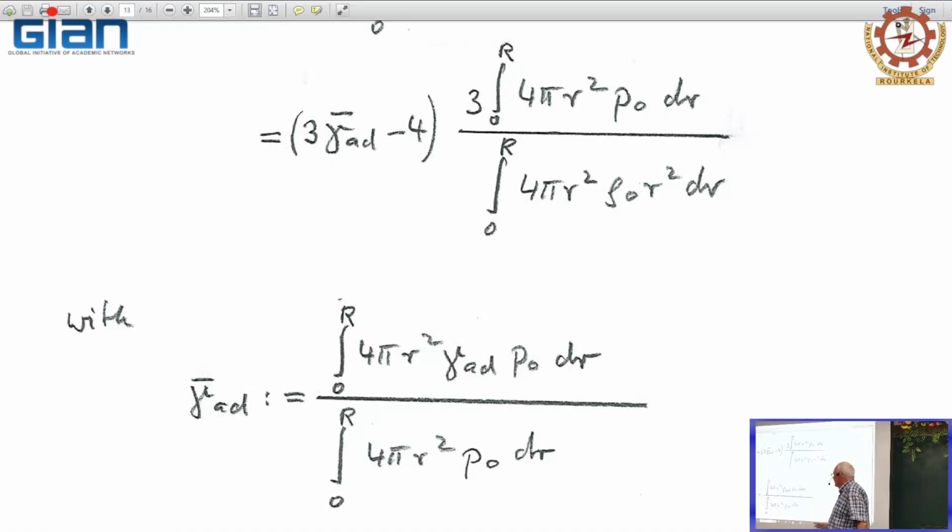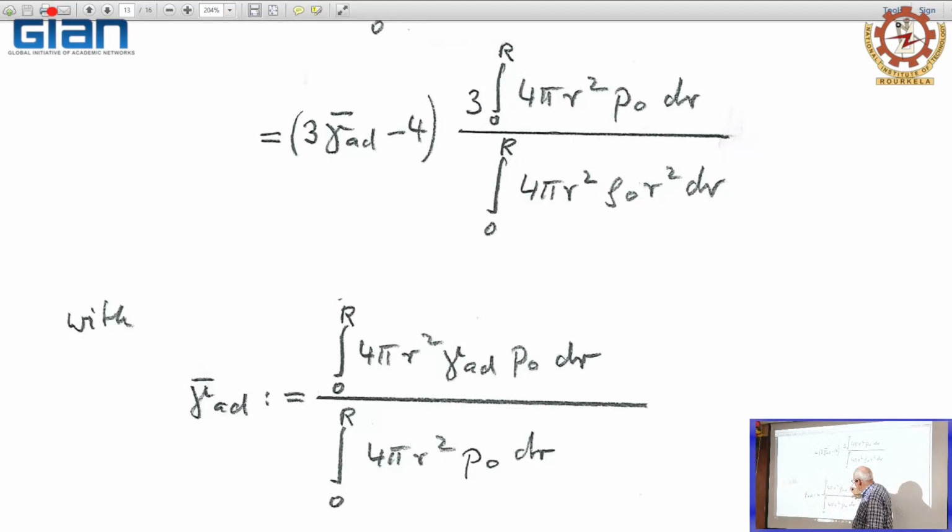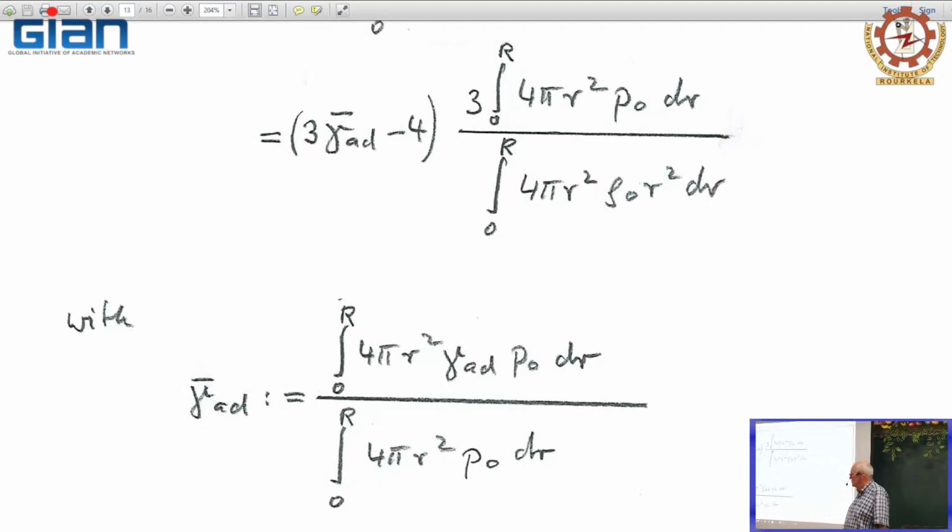So this is a kind of mean taken over the volume with the weight function p naught. The mean adiabatic index is given by the integral of gamma adiabatic times the weight function over the volume, divided by the integral of the weight function over the volume.